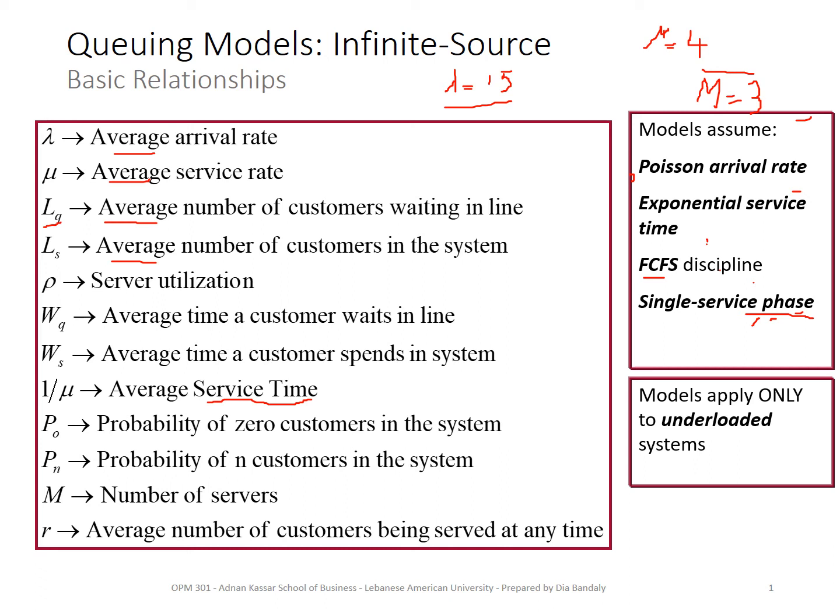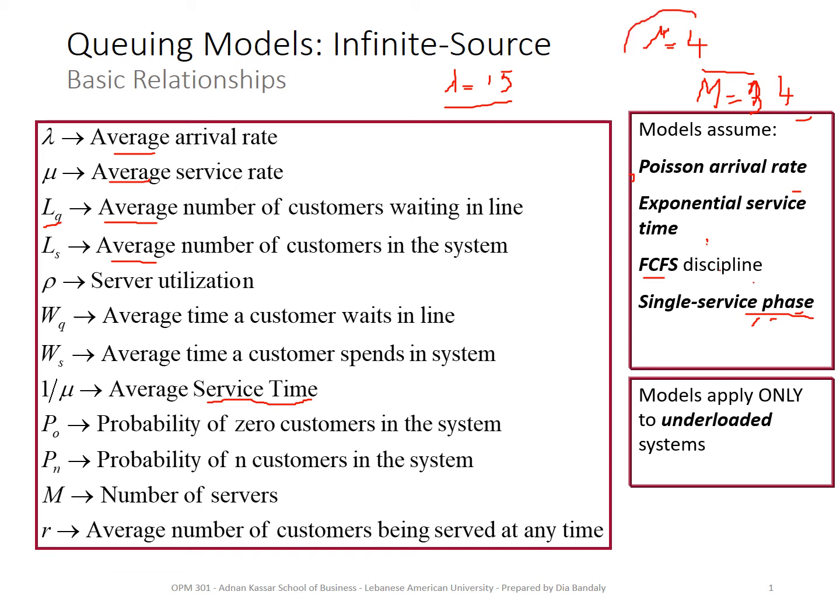So this is my capacity, while demand, which is my arrival rate, is 15 per hour. So I'm already overloaded. For such case, I cannot use the models. Why? Because in such case, the line will keep increasing and increasing. It will not decrease. All right. So to be able to use the model, I should have at least 4 servers in this case.